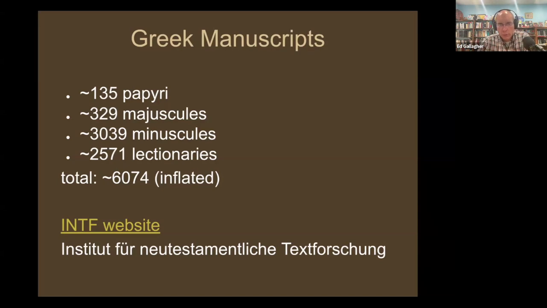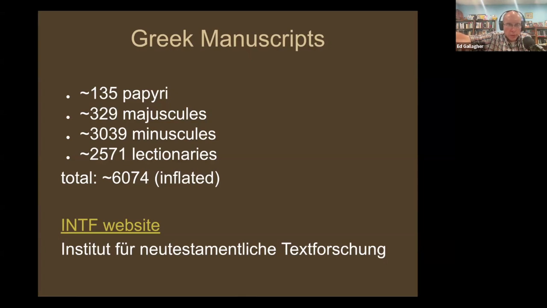We've got papyri. So that is written on papyrus. And the reason for making that its own category is because typically they're sort of earlier, or at least you can say our earliest manuscripts of the New Testament are written on papyrus.